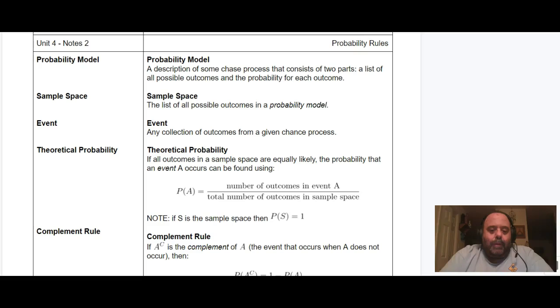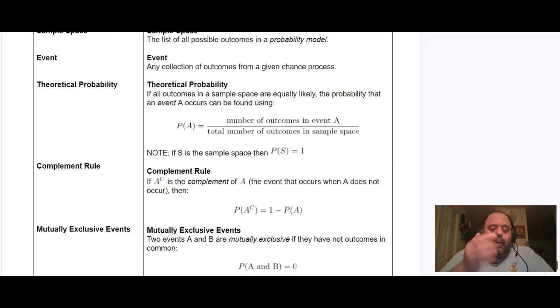Count how many outcomes are in the event, count the number of outcomes in the sample space. That should give you the probability of that event given that sample space, right? So note, if S is the entire sample space, the probability of S is 1, because if something occurs, it should be in the sample space. Okay.